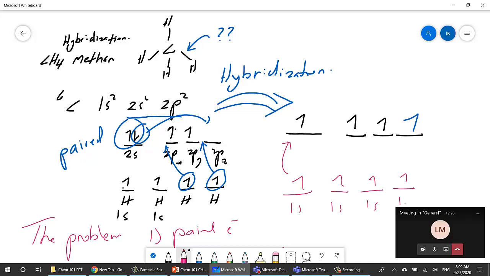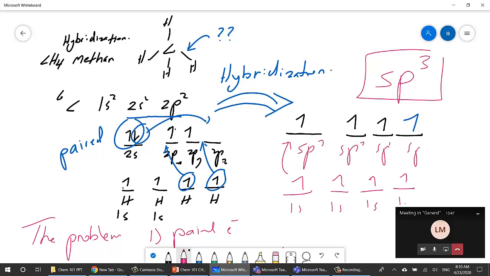We are mixing the 2s with the 3 p orbitals, and we mix them together to get to this, and we call this sp3 hybridization. Because this is sp3, this is sp3, this is sp3, and this is sp3.